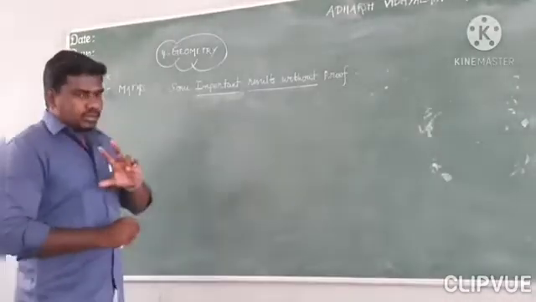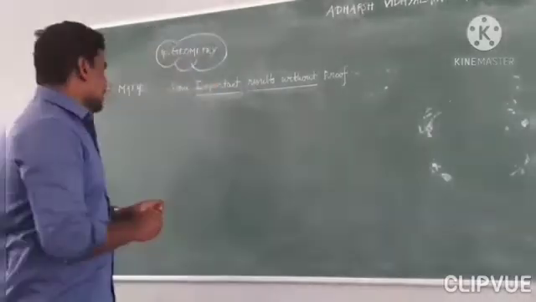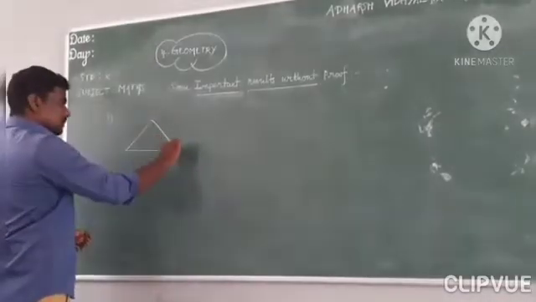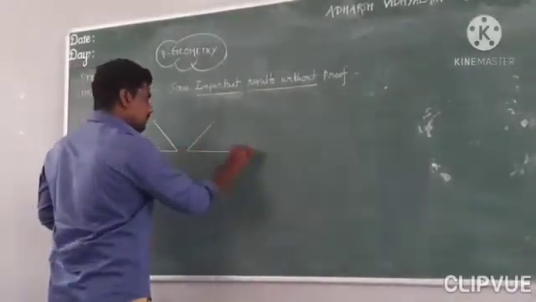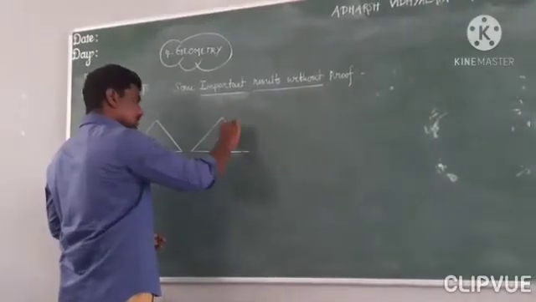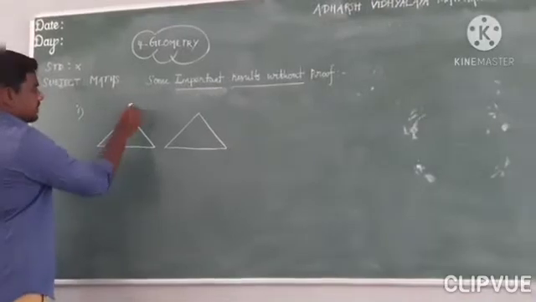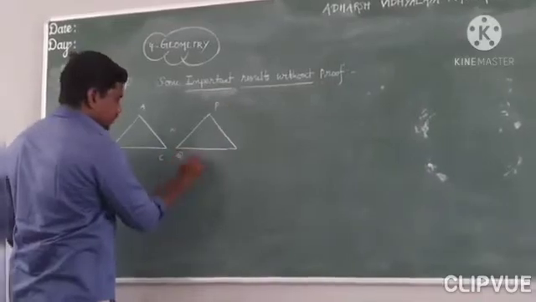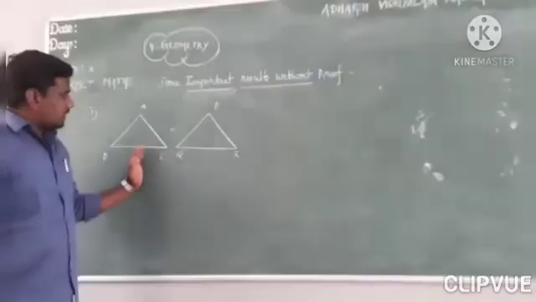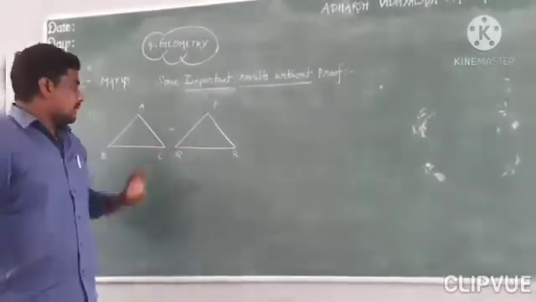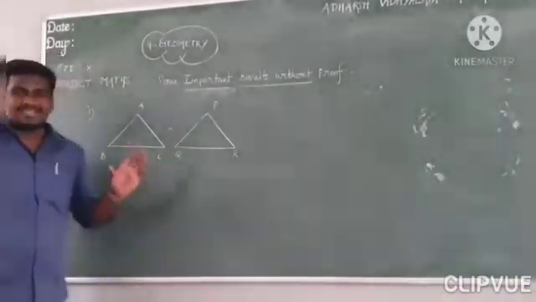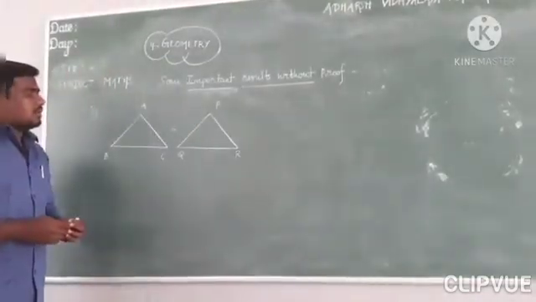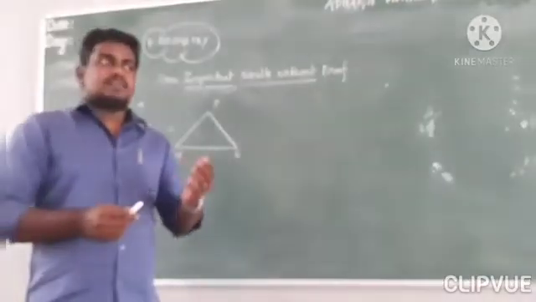First one: if two triangles are similar, triangle ABC similar to triangle PQR, the ratio of the corresponding sides is equal to the ratio of the respective perimeters.